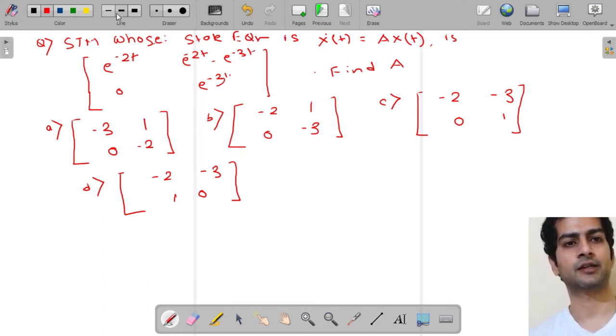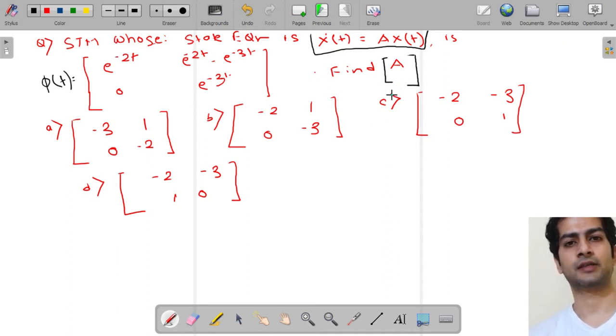We are having a state equation x dot t is equal to A x t, and the STM is given. This is the STM, this is phi t. Now we are asked to find matrix A.